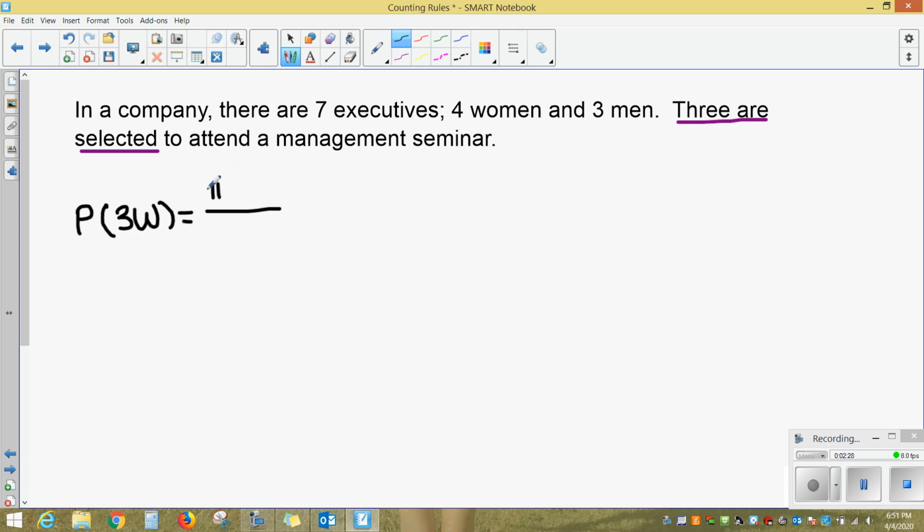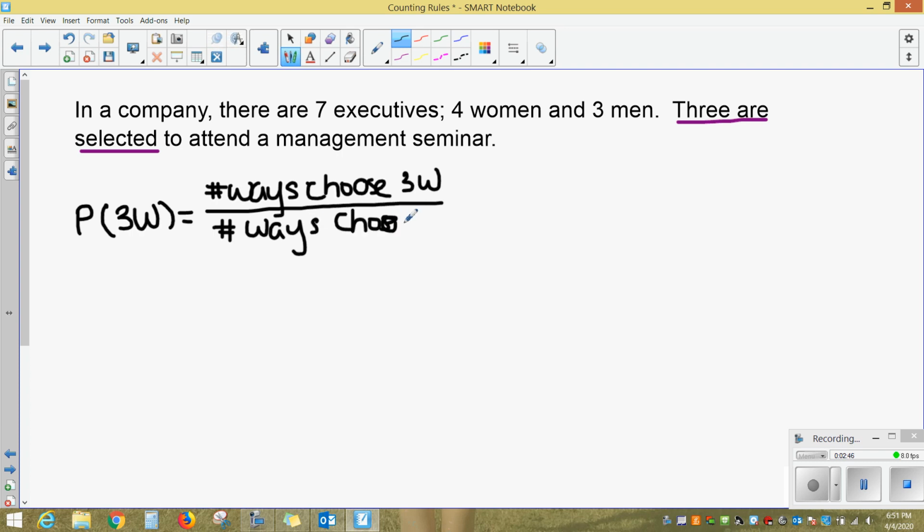So maybe I'll write this on this example. Number of ways I can choose 3 women over the total number of ways I can choose 3 people.